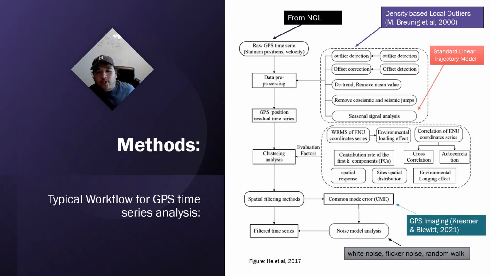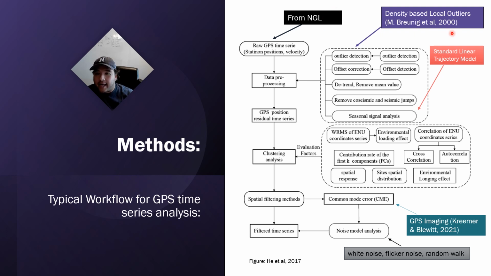Here's a flow chart of a pretty standard practice for processing time series data to a point where we can start making assertions and theories about what we're looking at. I've pointed out a few things that I've implemented and used. Like I said, the NGL is where I get my GPS time series data.